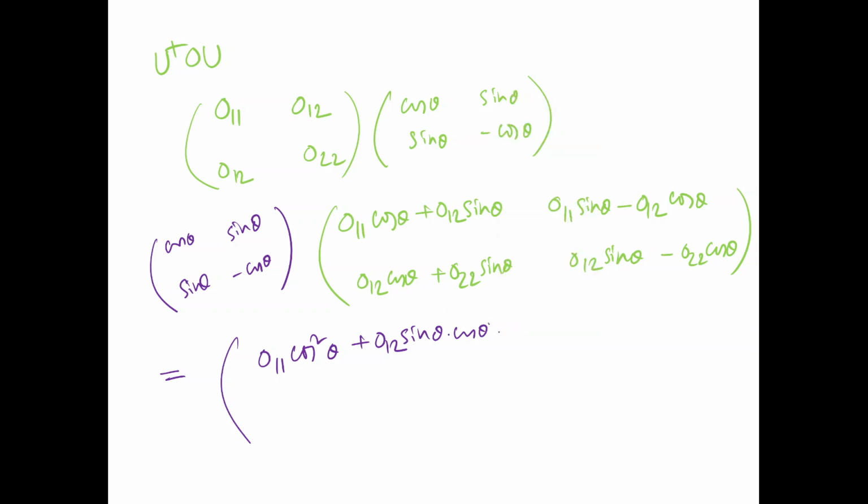Then you have, so this item times this and this times this, we have O12 sin theta cos theta and O22 sin square theta.